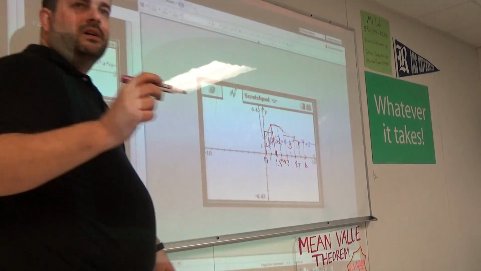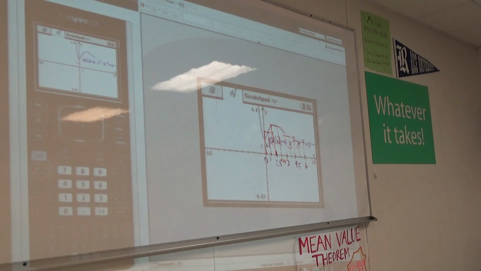Can I get some brave soul to tell me the area for the second rectangle? What's the setup? How wide, how tall? Jonathan, how wide, how tall? 1.5. 1.5 is the width. Are you surprised that 1.5 is the width? Why not? They are all the same. How tall?